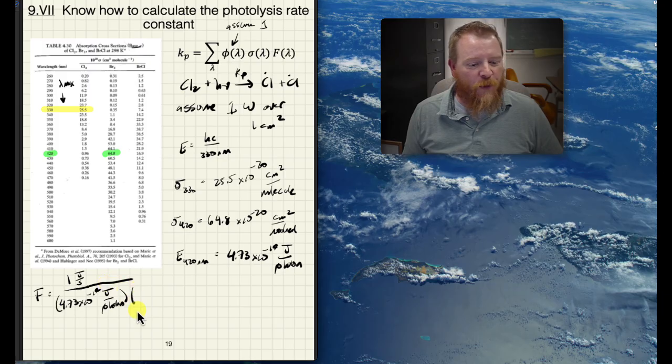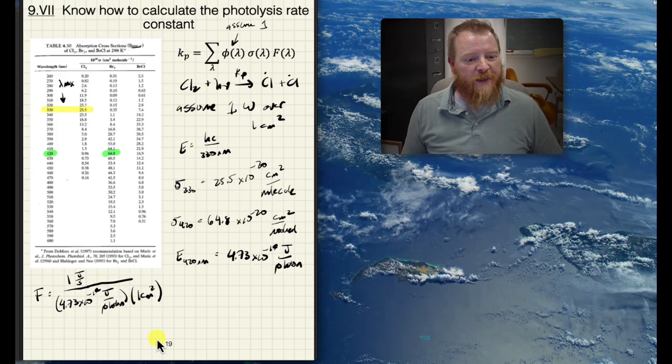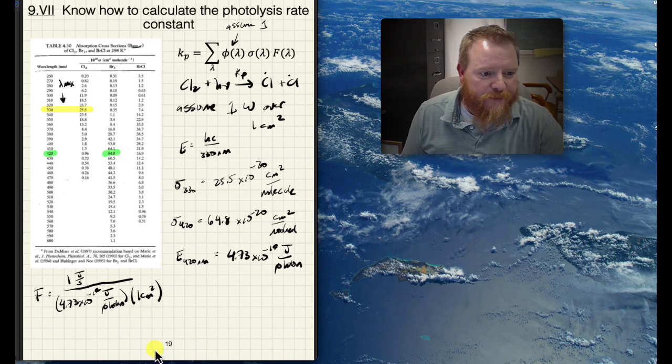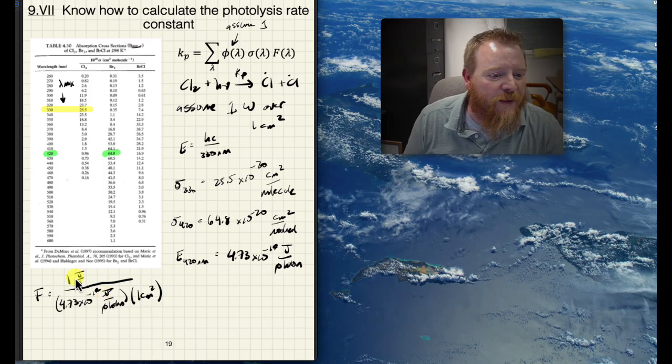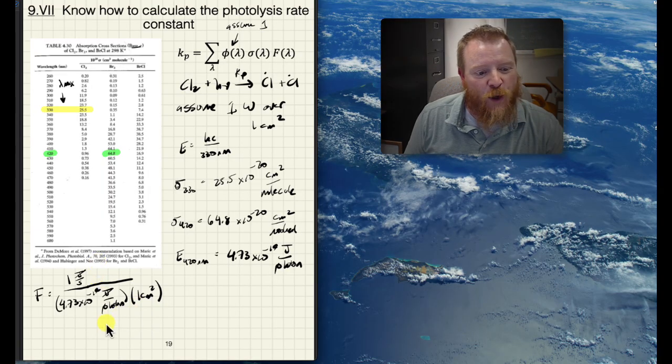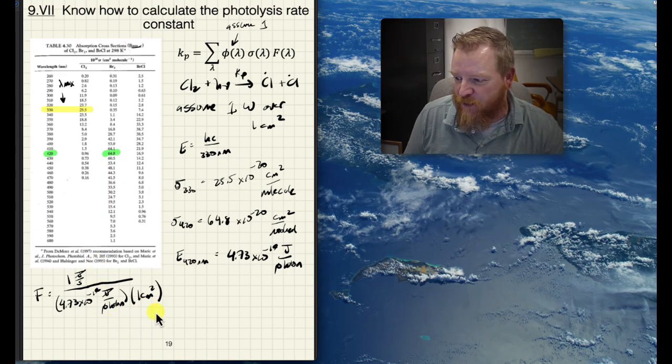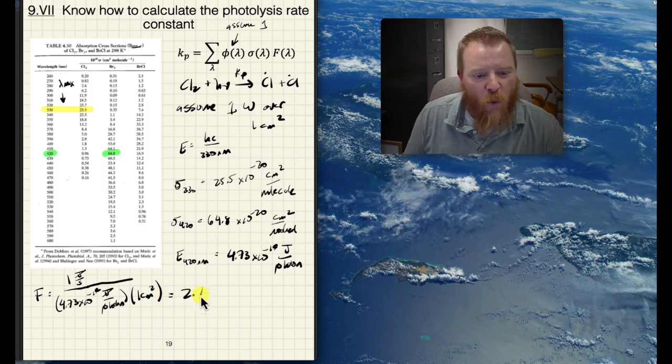And then if we have that very simple assumption that it's 1 square centimeter area, then we can see the joule and the joule cancel, and we'll be left with 1 over seconds, 1 over photons, 1 over square centimeter per second. So that gives us the right unit, and we get something like 2.11 times 10 to the 18.